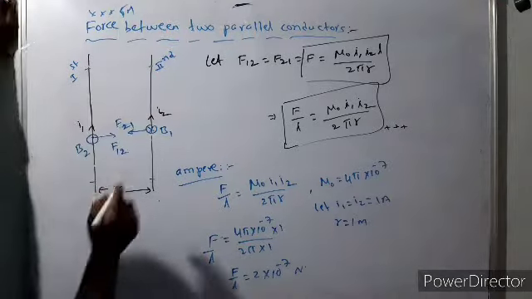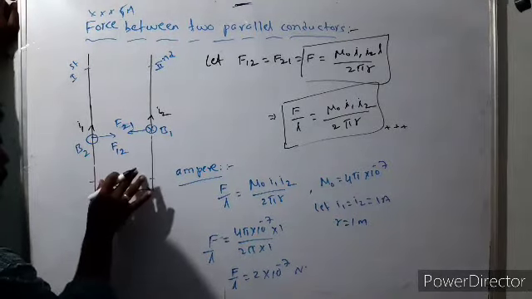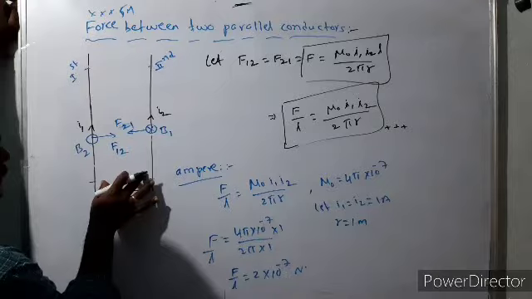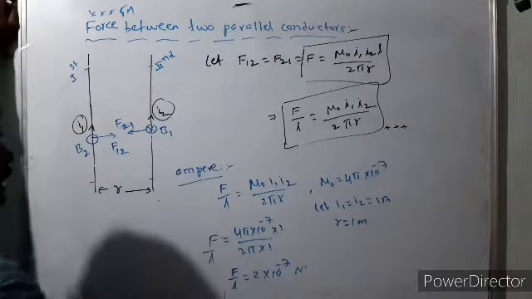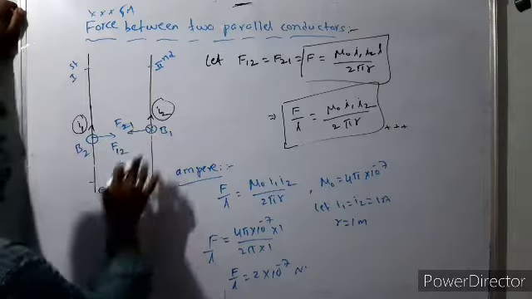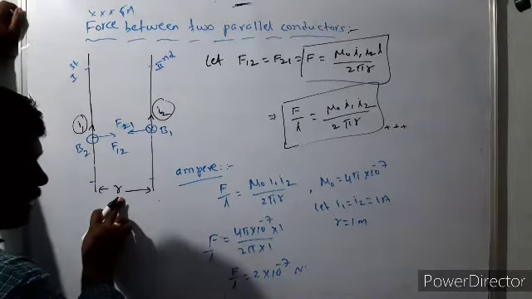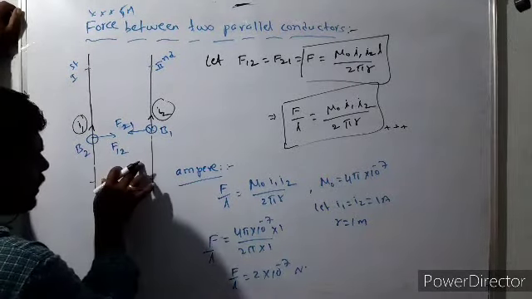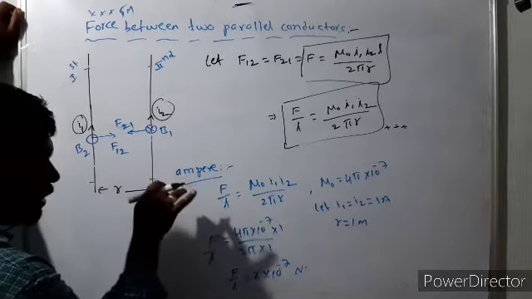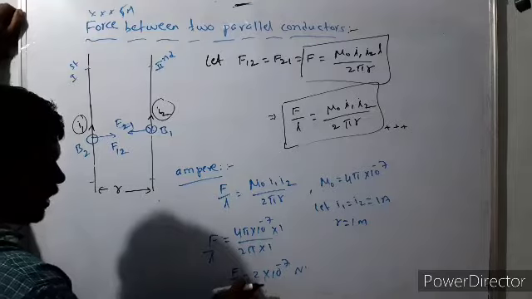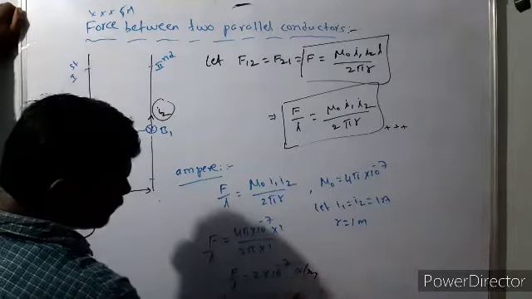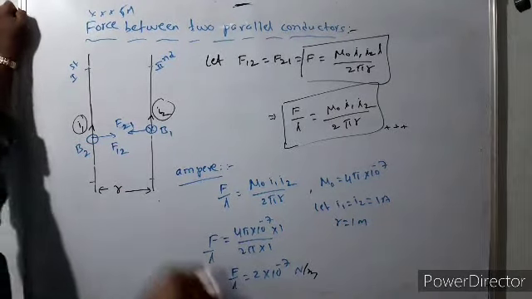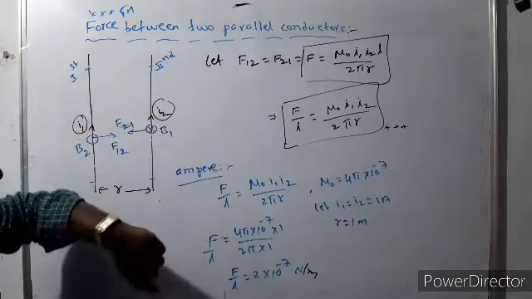When two long, straight, infinitely long parallel conductors carrying the same amount of current are separated by a distance of 1 meter, if the force per unit length on each conductor is 2 into 10 power minus 7 newton per meter, then the current in the two conductors is said to be 1 ampere. Okay, that is the definition of ampere.